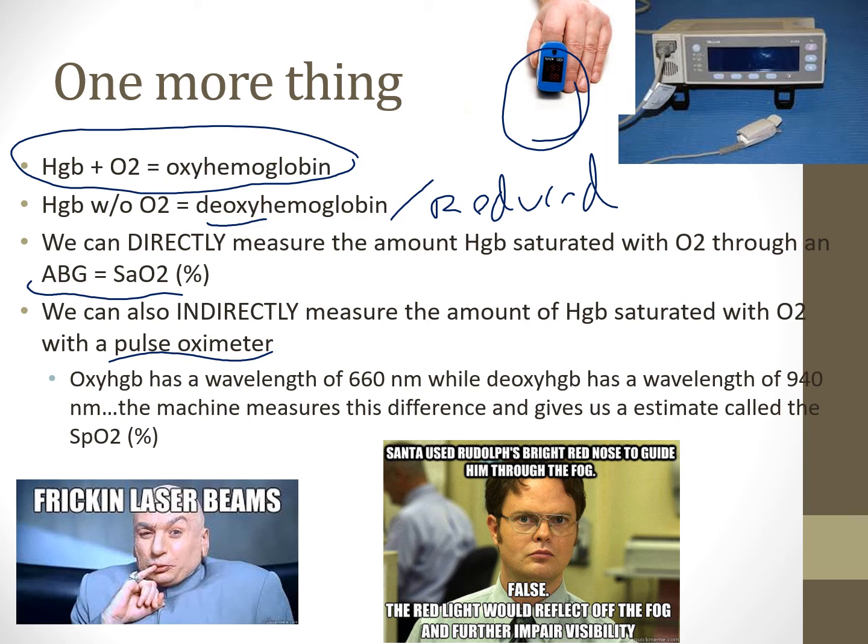We can break it down to the different hemoglobin levels and get an accurate saturation. When we do send the blood gas, and we want to see each one of the hemoglobin levels, this is going to be what's called co-oximetry.